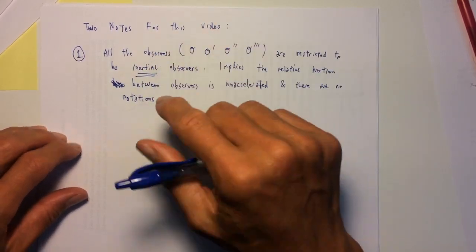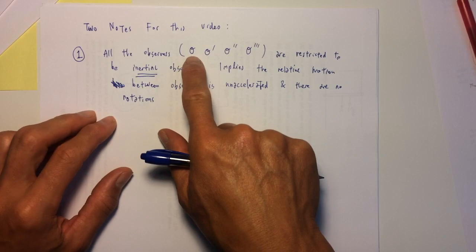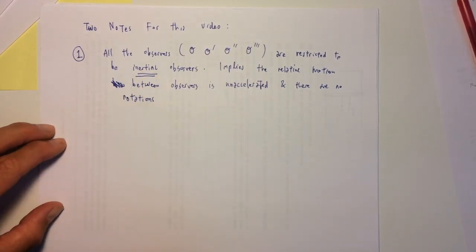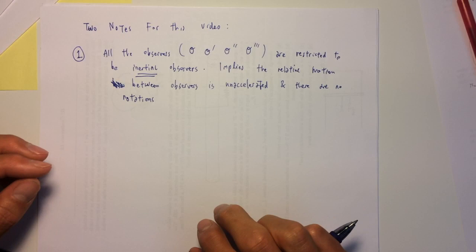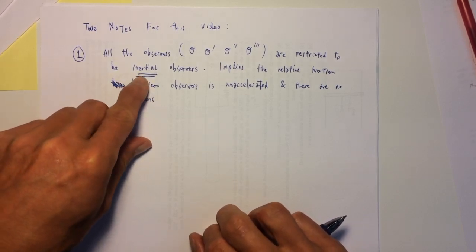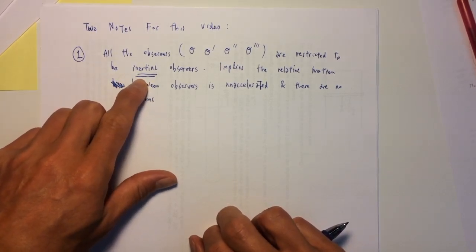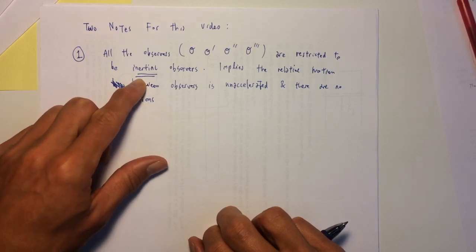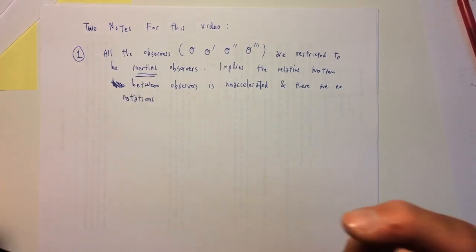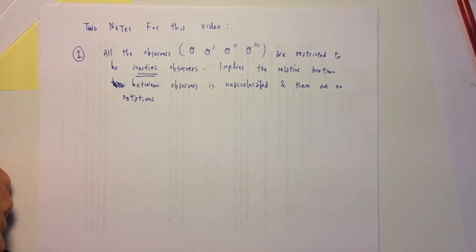So that's one of the notes. Basically, you just are restricted to saying that all of the observers are inertial observers. It doesn't mean that you can't do physics from a non-inertial frame. In fact, actually, airplanes and satellites and things that move around in space, like back and forth, or with acceleration, in order to understand where they are and how fast they're moving relative to something else, you need to include the fact that they are in an accelerated frame of reference, and people are smart enough to do that.